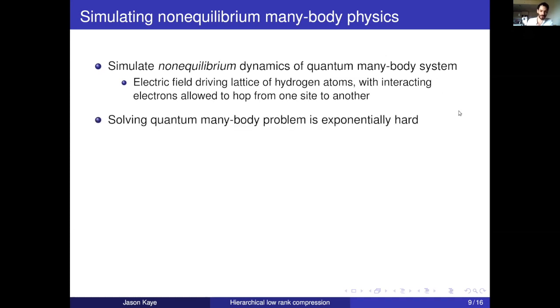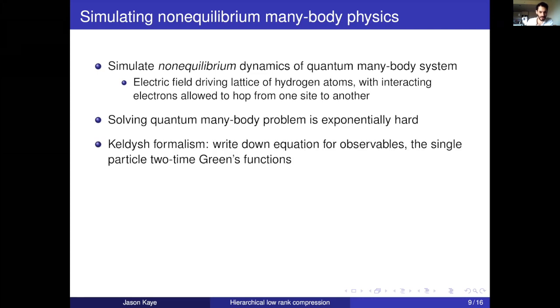As many of you know, solving the quantum many-body problem is exponentially hard. So you need some way of making an approximation and getting around that. So here we focused on this Keldysh formalism, where roughly speaking, we write down an equation for some observables rather than the full wave function. And we're going to focus on this single particle two-time Green's function.